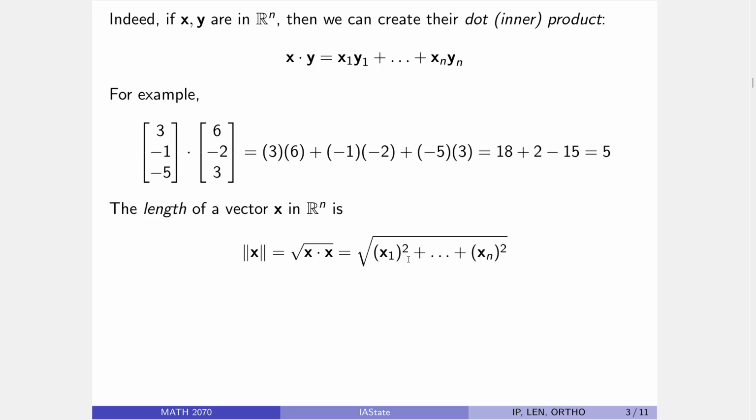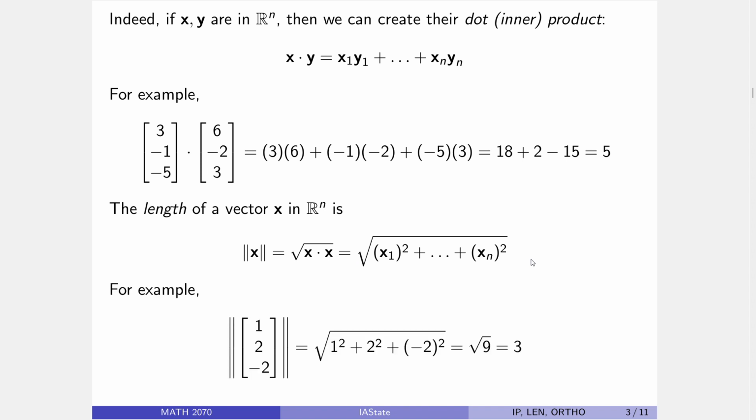Now note x dotted with itself is the sum of the squares, and oh hey, we saw that in R2. And we'll take the square root, and there are reasons for the square root being taken. Obviously in R2 we see why, but for Rn there's good reason to do so as well. Alright, so extending the definition of length in R2 to Rn, I can compute the length of a vector in R3.